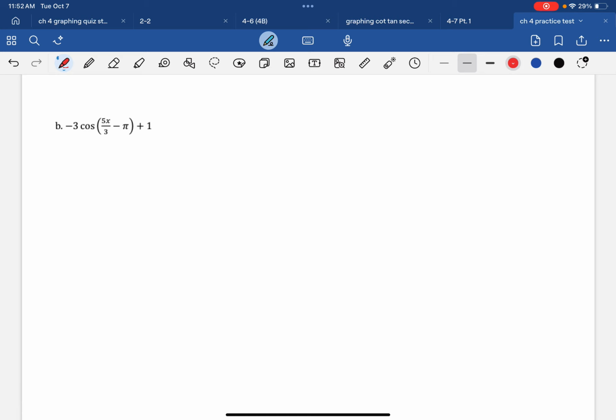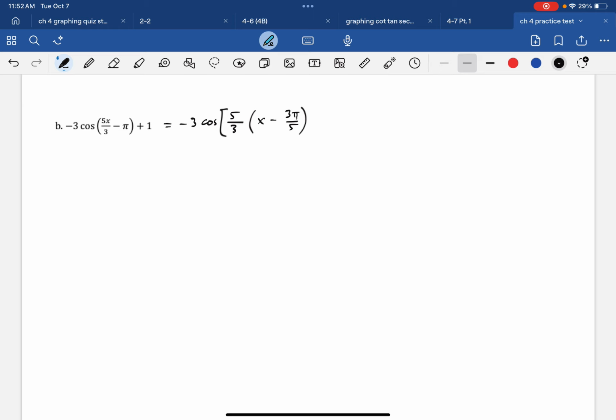I'm going to do the same process for this next graph. The first step is probably to factor the inside of the parentheses. So that's going to give me -3 cosine, and then I'm going to factor out 5/3, factoring out the b value. 5/3 times x minus 3 pi over 5.